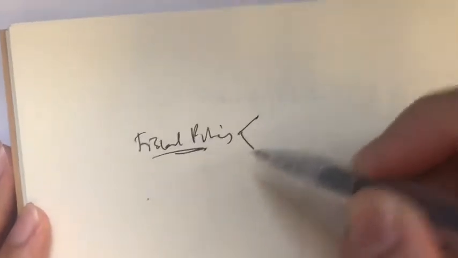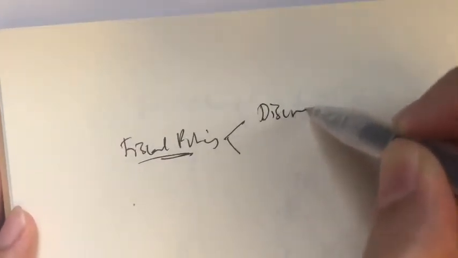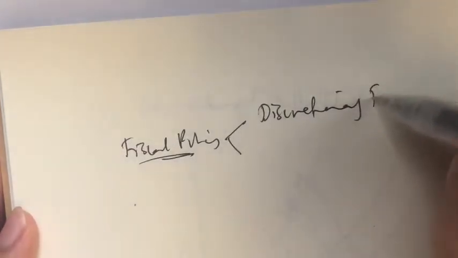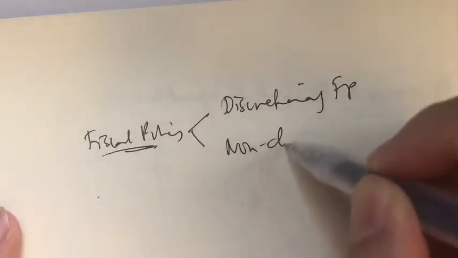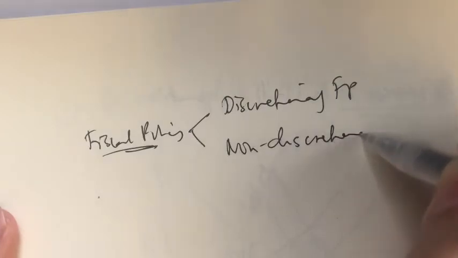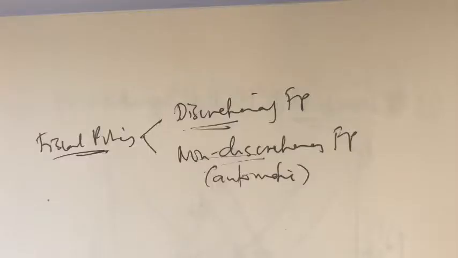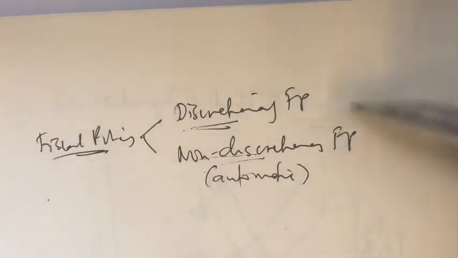When we're talking about fiscal policy, there are generally two types. One is the discretionary fiscal policy. Another one is non-discretionary fiscal policy. We will look at these two separately.